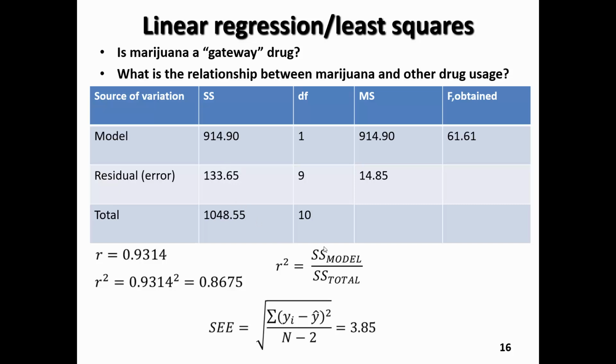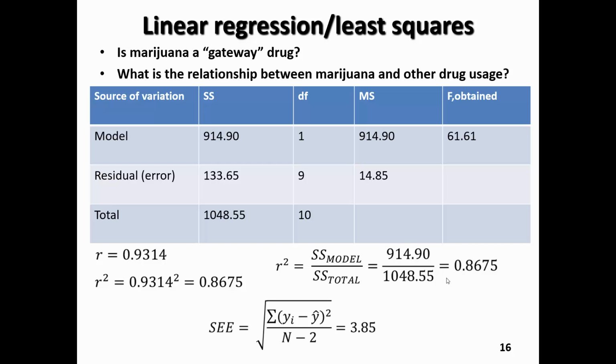This ratio examines the proportion of the total variability accounted for by our hypothetical model. And when we calculate that ratio, we get the exact same R-squared value.